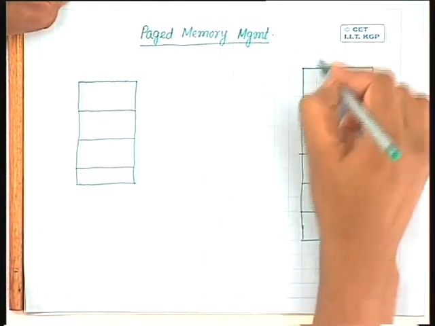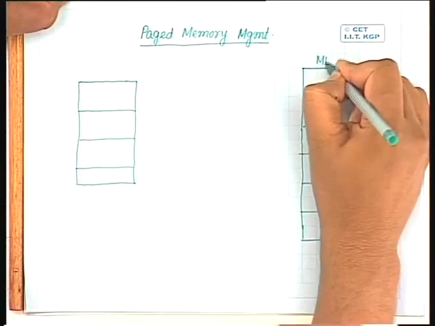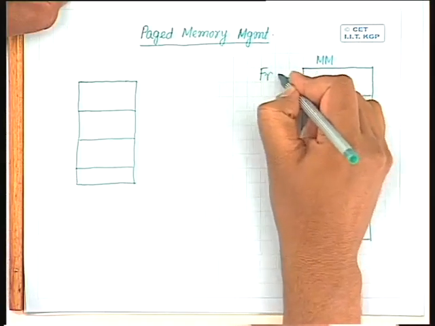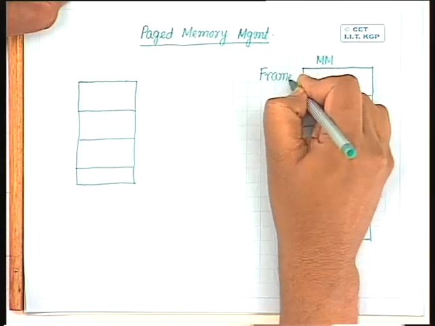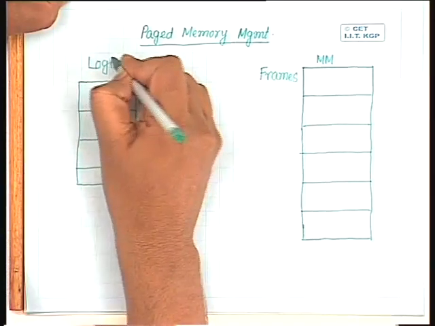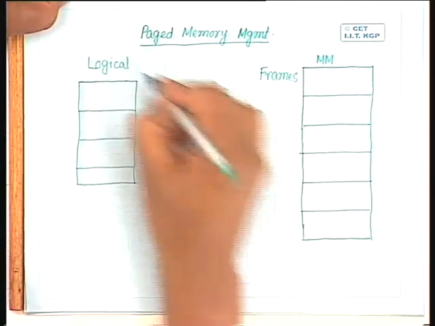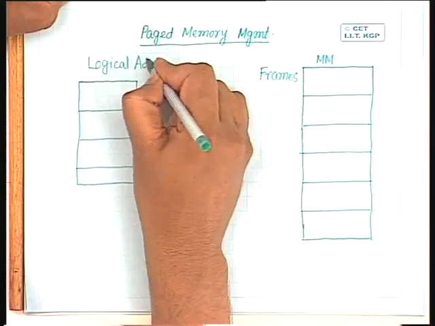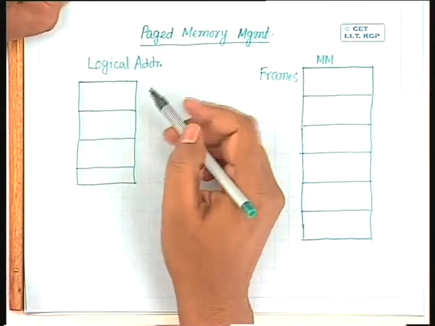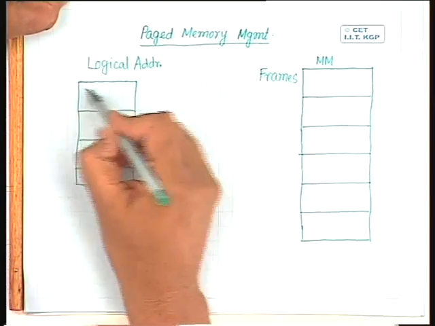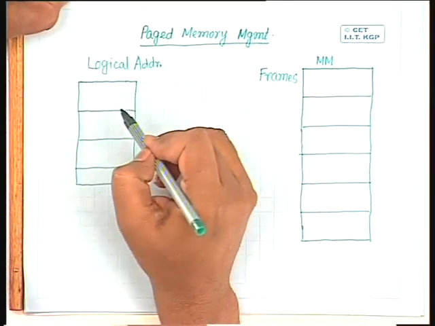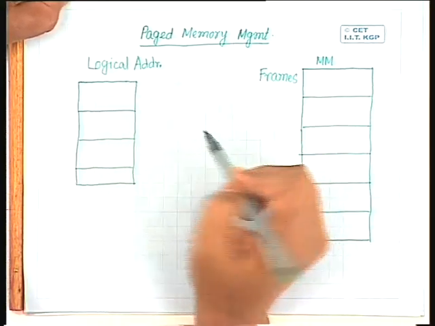So this is the main memory, divided into a number of frames, and this is the logical address space of a user program. I say this is logical because the addressing generated for the user program assumes that the first address of the user address space is 0, and that is how the compiler generates the address.